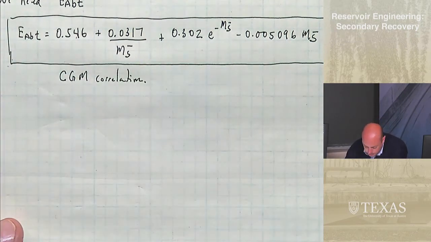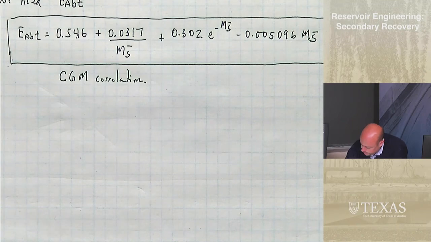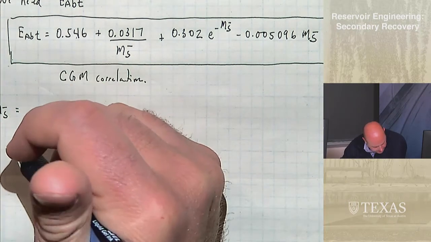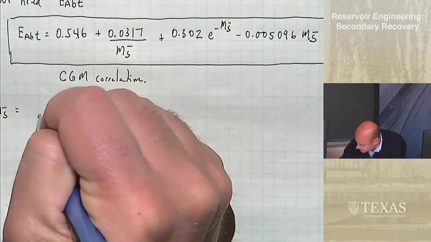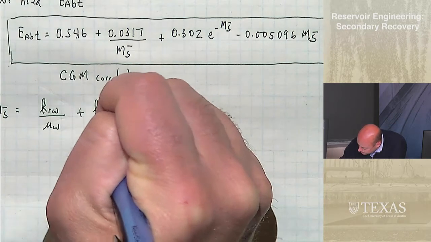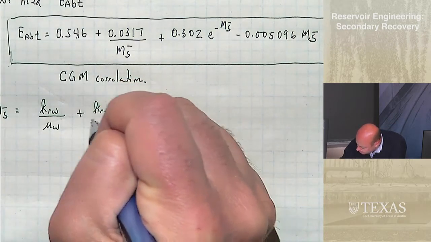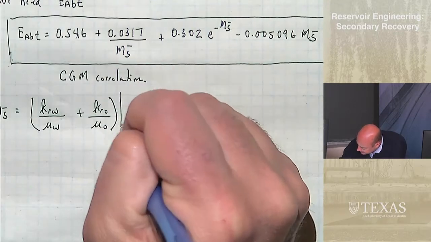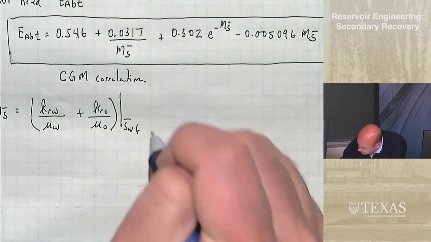Clearly what we need is this mobility ratio. How are we going to define that mobility ratio? It's going to be similar to how we've defined it in the past, which is going to be KRW over mu W plus KRO over mu O. This is evaluated at SWF bar.